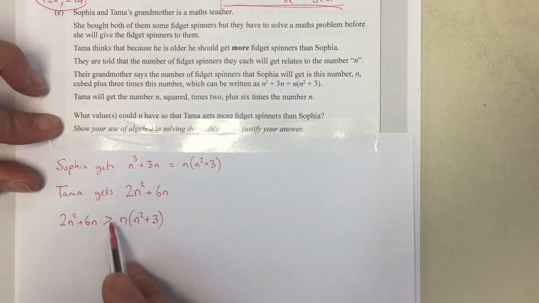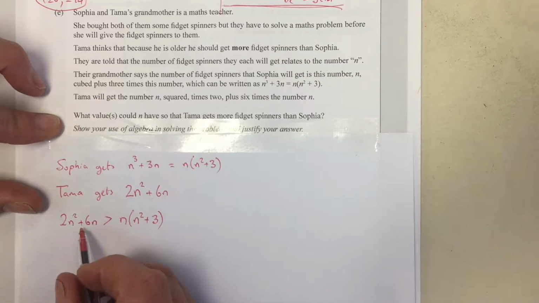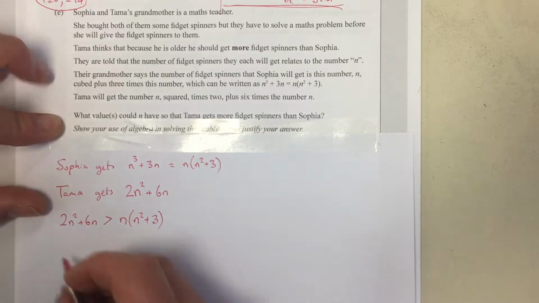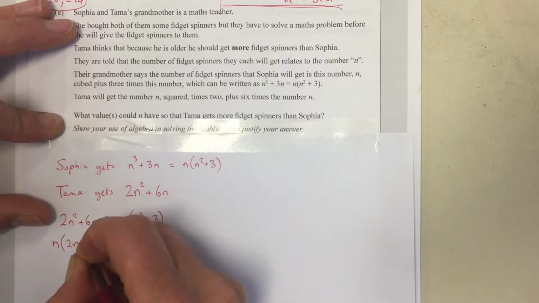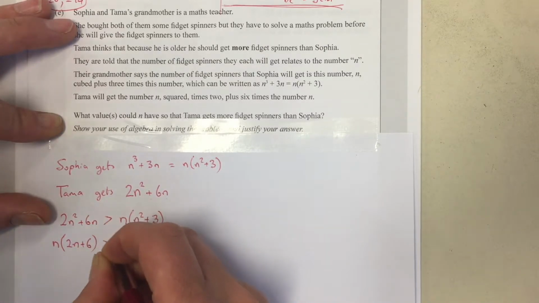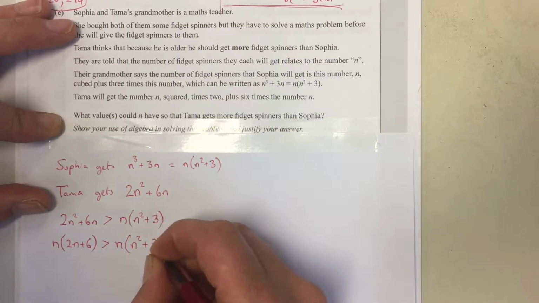Well, there's an n outside here, so if we could get an n outside on this side, we could cancel them. So let's see, oh, both terms have got an n in, so let's take that n outside. n brackets 2n plus 6 is greater than n bracket n squared plus 3.